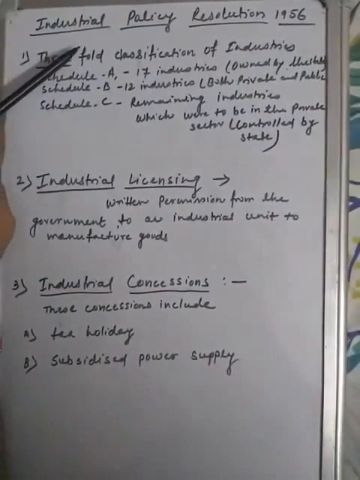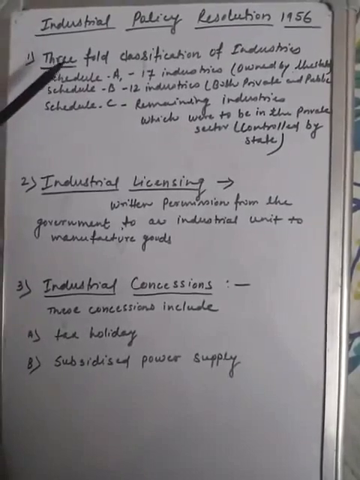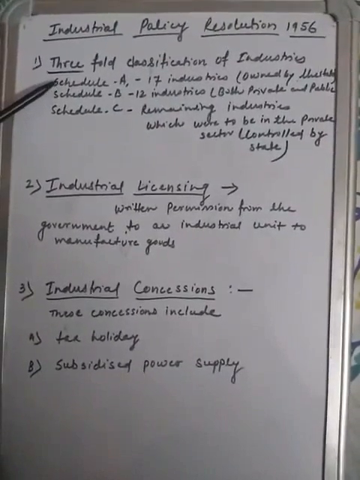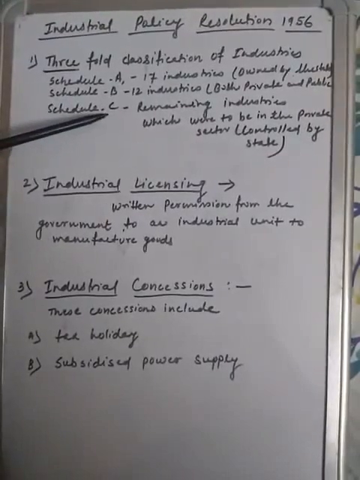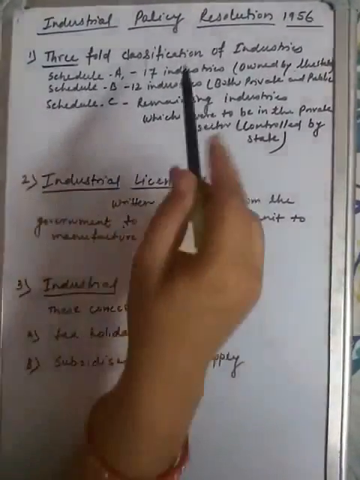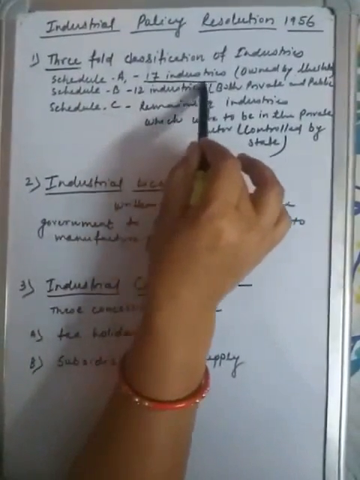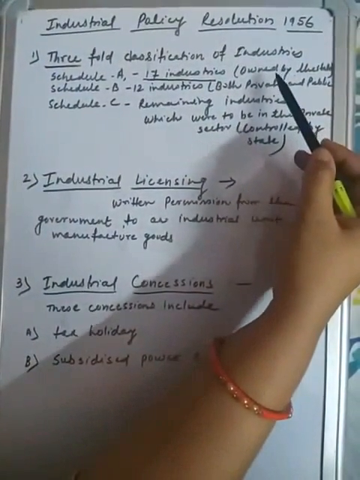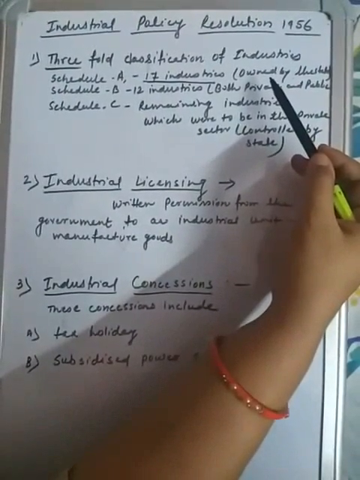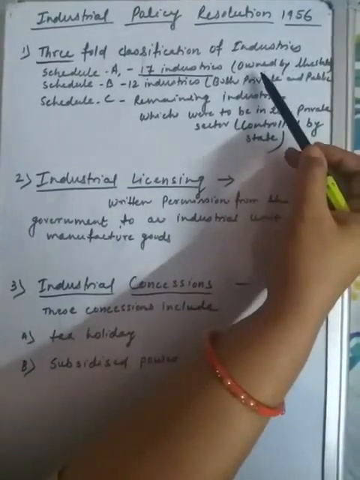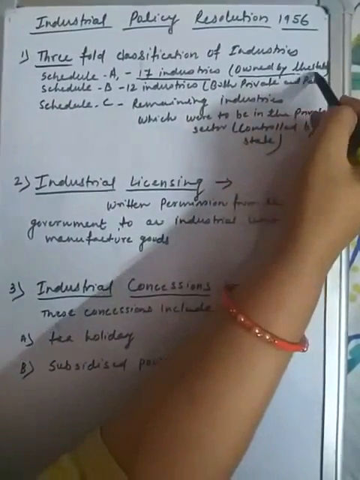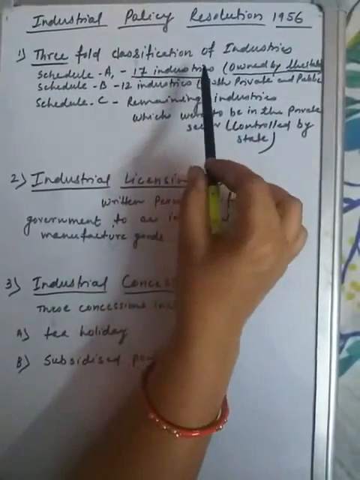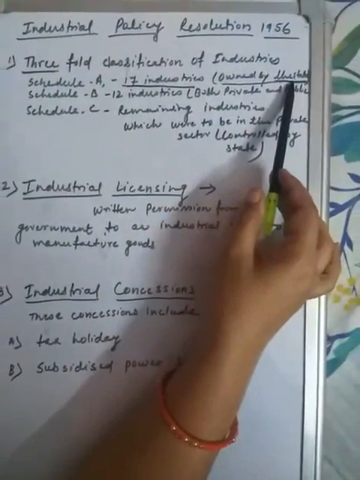According to Industrial Policy Resolution 1956, the industries were reclassified into three categories, known as Schedule A, Schedule B, and Schedule C. In Schedule A, 17 industries were included, those industries which would be exclusively managed and controlled by the state. These 17 industries were controlled and managed by the state, meaning the government.